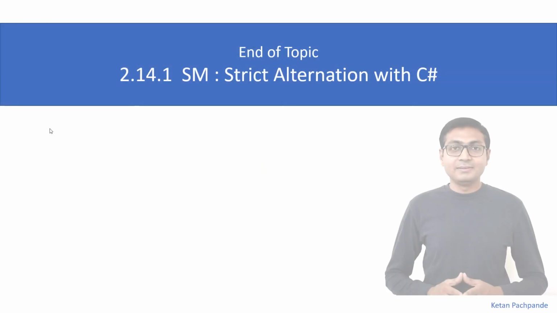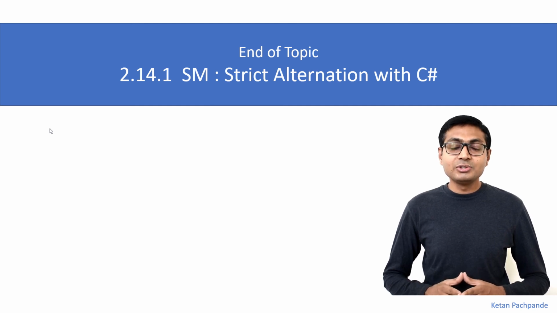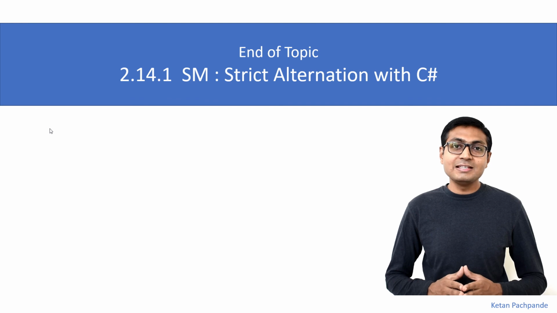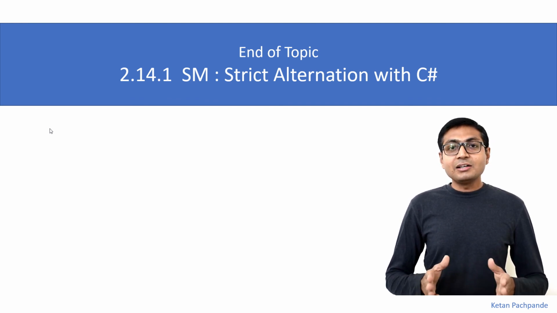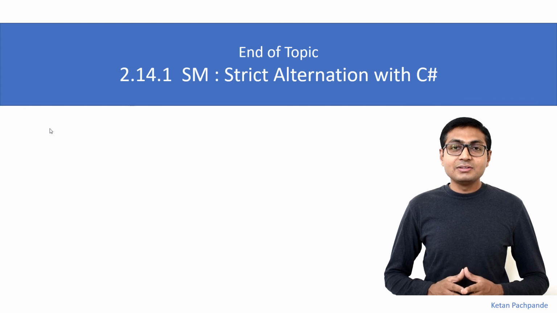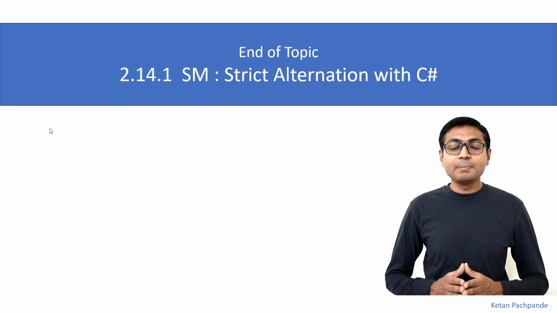And that was all about the demonstration of the strict alternation solution using the C# programming language. You can implement this strict alternation mechanism in any programming language such as C, C++ or Java. The strict alternation mechanism guarantees that multiple threads or processes take turns.